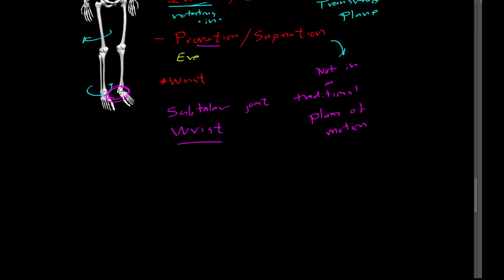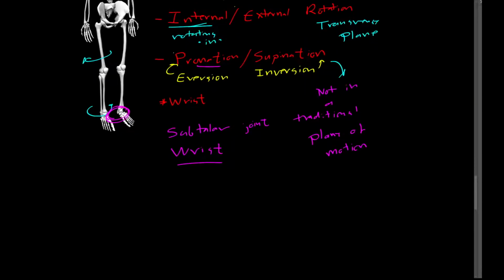Eversion is semi-equivalent to pronation. Inversion is sort of, kind of, not really equivalent to supination. I'm not going to drill you on the specifics of differentiating these because it's technical biomechanics and anatomy stuff.